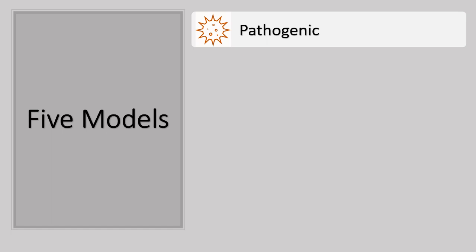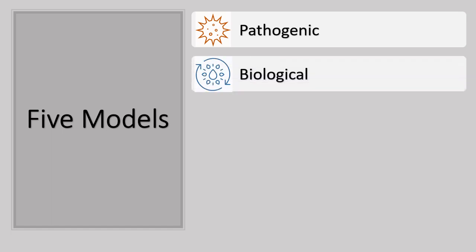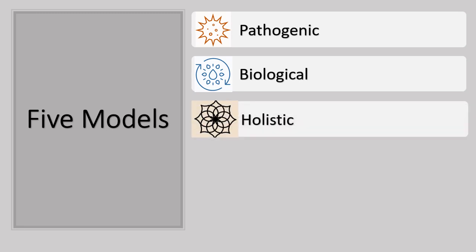I'll give the names. We have a pathogenic model. As the name suggests, it deals with pathogens disturbing health. We have a biological model of health in which we explain health and illness through biological processes. Then we have a holistic model in which we take the environment around a person as well.